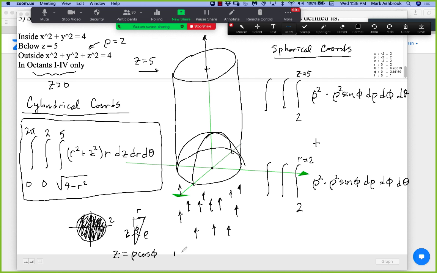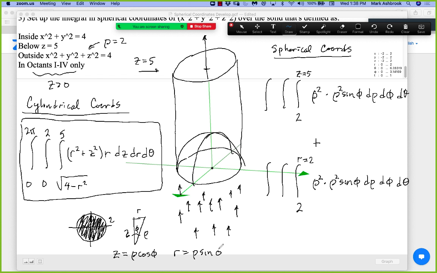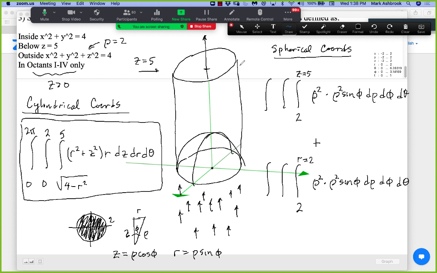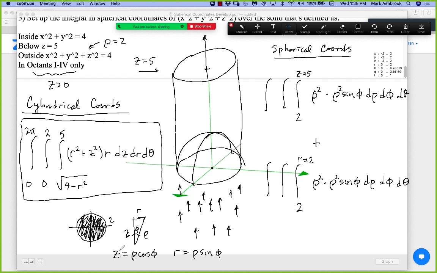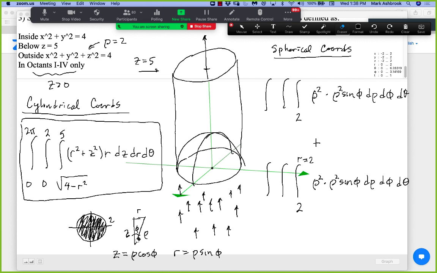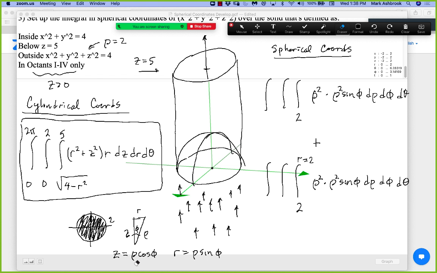And then r equals rho sine phi. So if z equals 5, that's a constant, then what does rho equal? Solving for rho, we're going to get 5 over cosine phi.